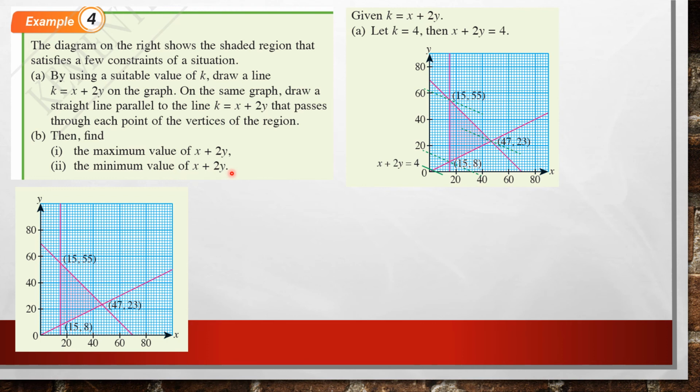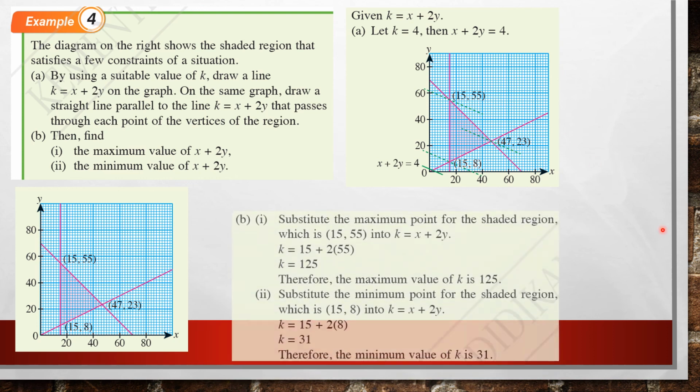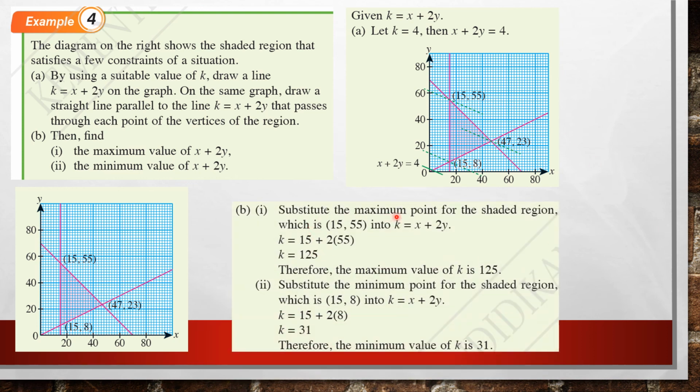Maximum value here is the last point that this line will touch. So the last point will be 15, 55. So what you can do, you substitute the maximum point for the shaded region, which is 15, 55.